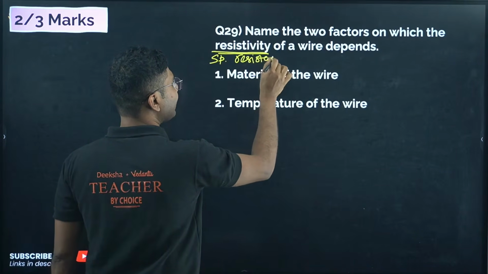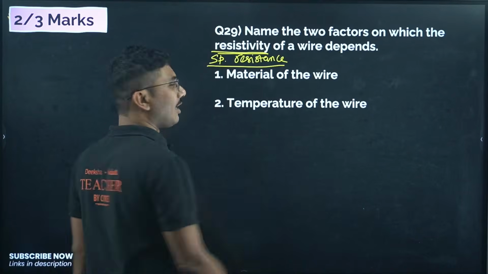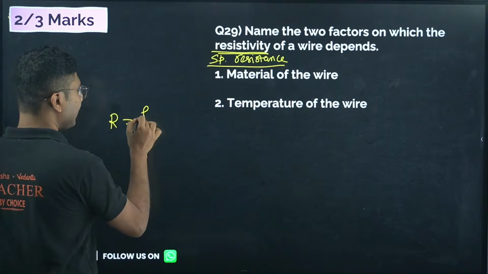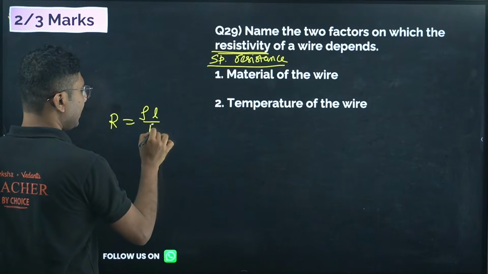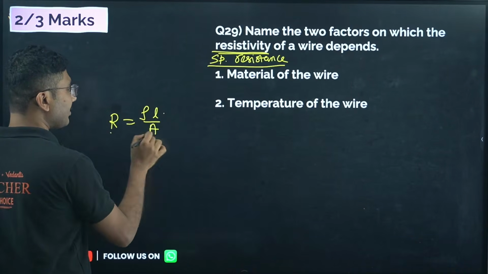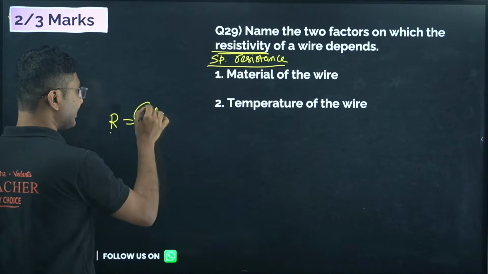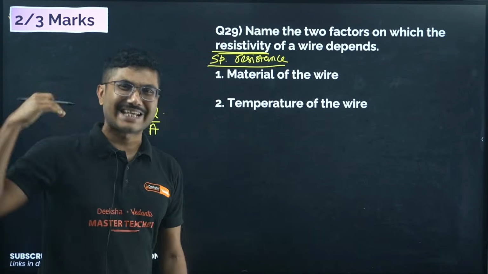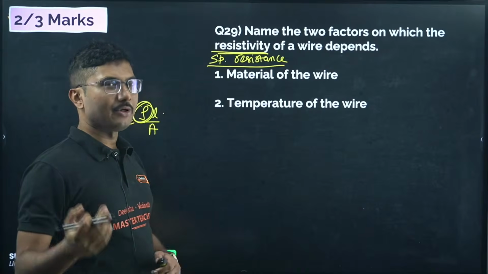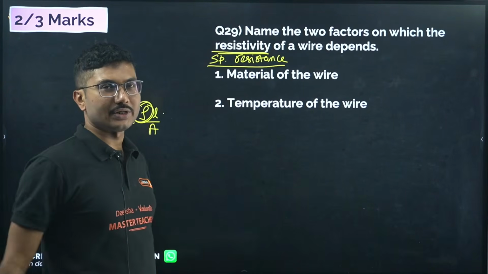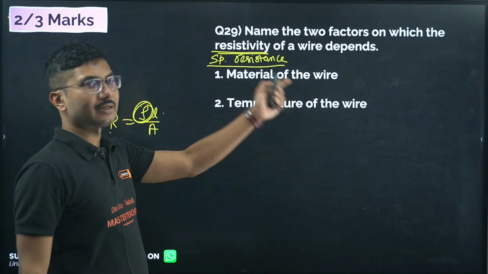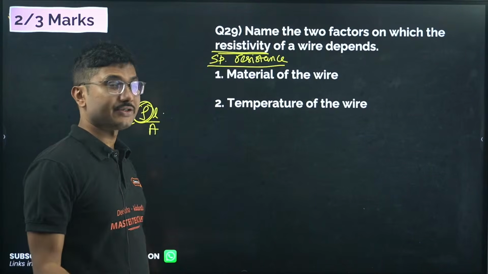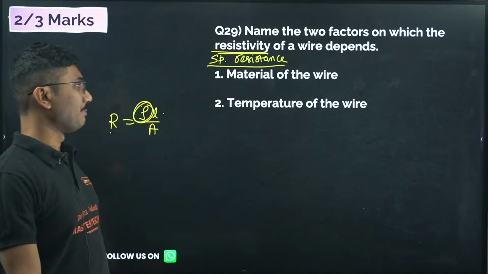If you see resistance, don't write rho L by A. Resistance is rho L by A, normal resistance, which depends on length and inversely on area, but this is resistivity. Resistivity or specific resistance, same thing. This question was asked multiple times in CBSE exams. Specific resistance is the same as resistivity.